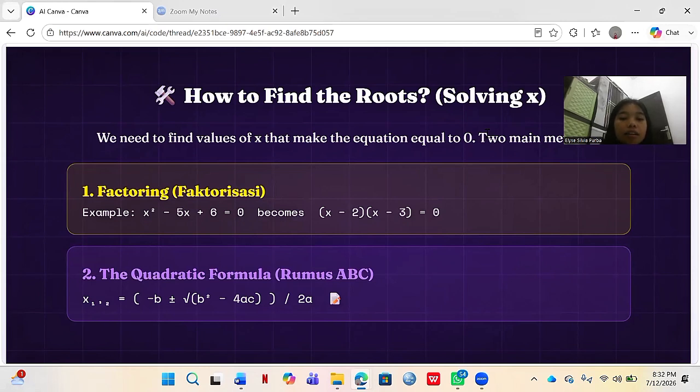The second method is using the famous quadratic formula, or what we usually call rumus ABC. The formula is x equals minus b plus or minus the square root of b squared minus 4ac, all divided by 2a.